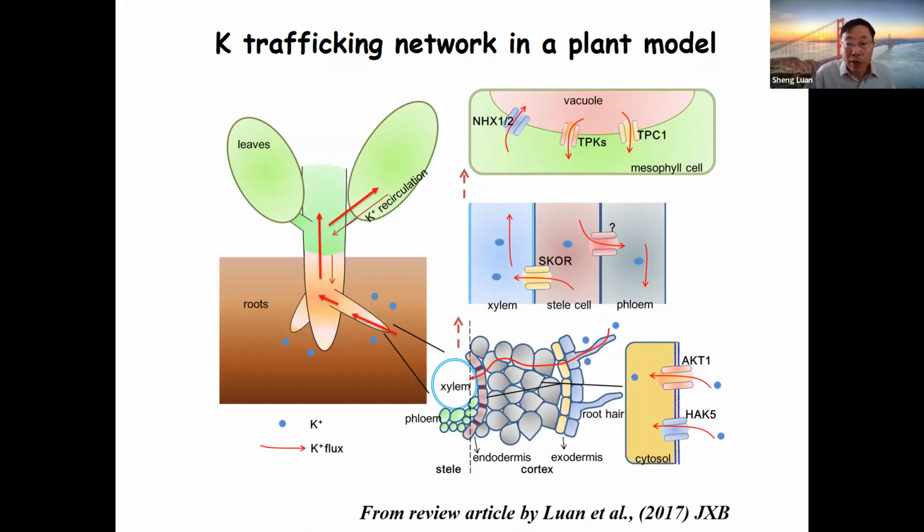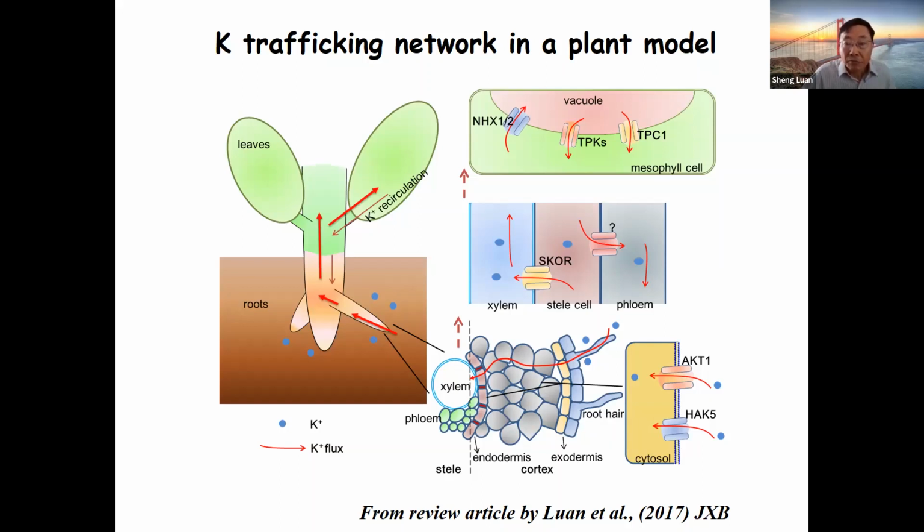Go all the way up. And then I'm just using a mesophyll cell as an example of how different cells handle potassium distribution. Potassium can get into this mesophyll cell through an inward potassium channel, and then extra potassium will be stored in the vacuole through the NHX type of proton antiporter.